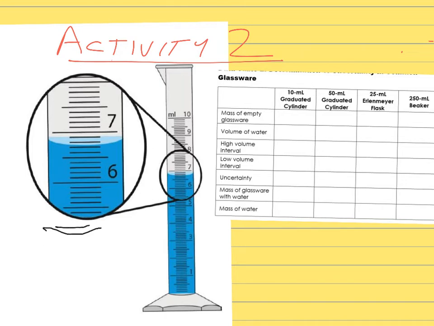But you have that curve there nonetheless, and for water, the curve dips downward. That curve is referred to as the meniscus. That is a word you need to be familiar with.